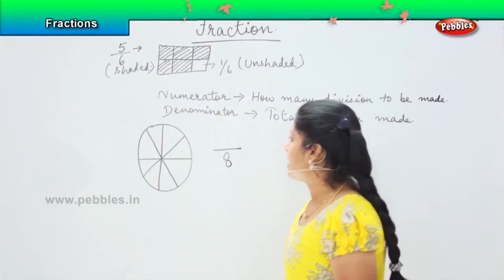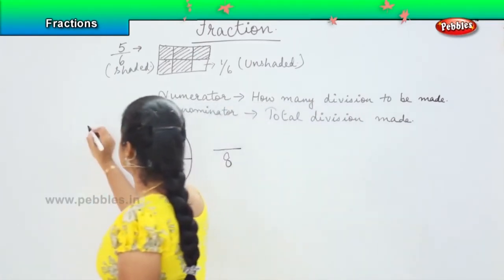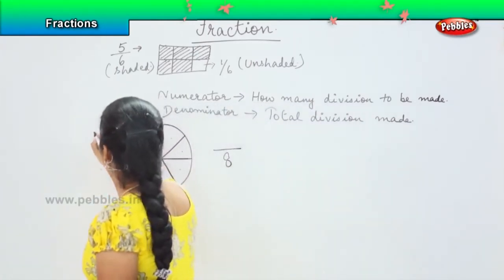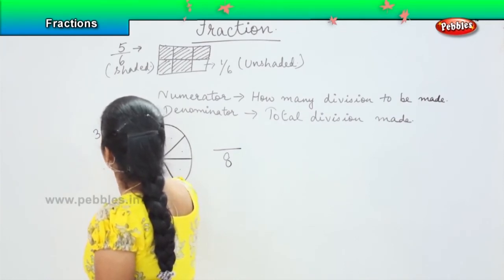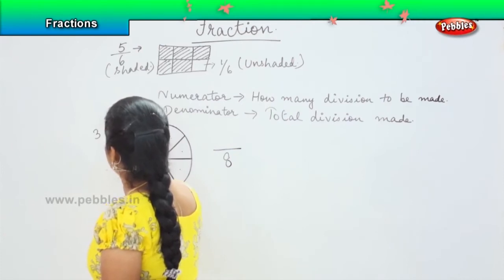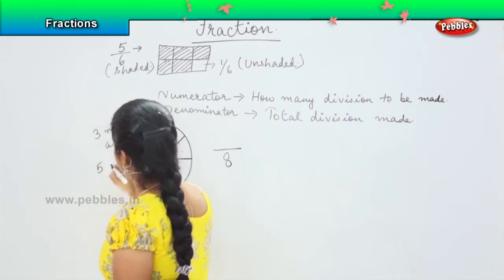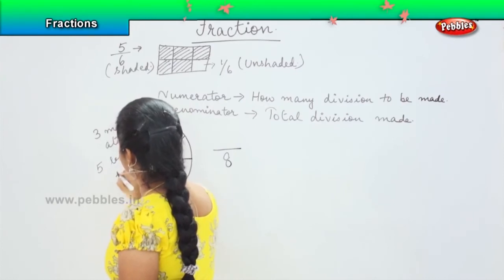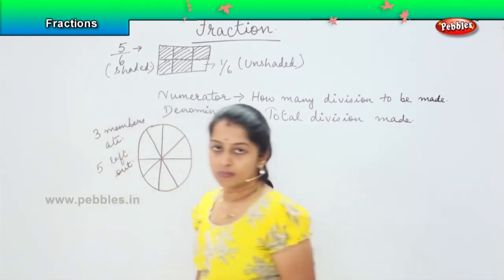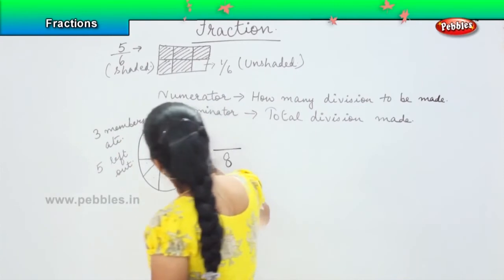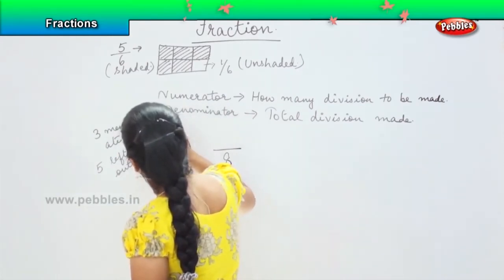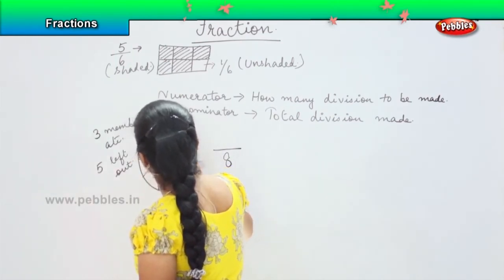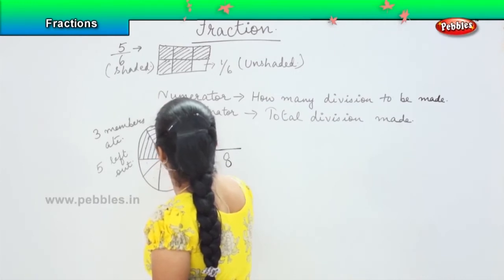Okay, and for example I can say that, out of 8, only 3 members ate and 5 were left out. Okay, so whichever portion is eaten, I will be shading those portions. 1, 2, 3.